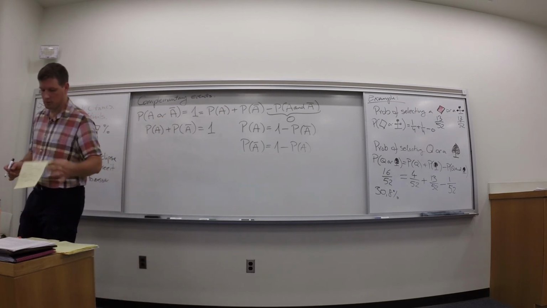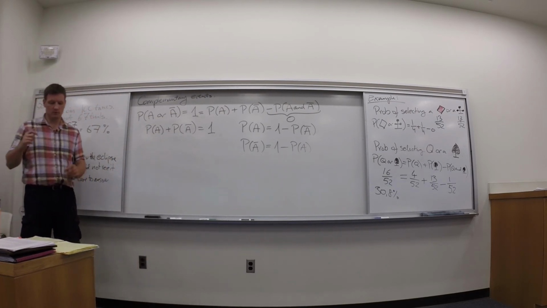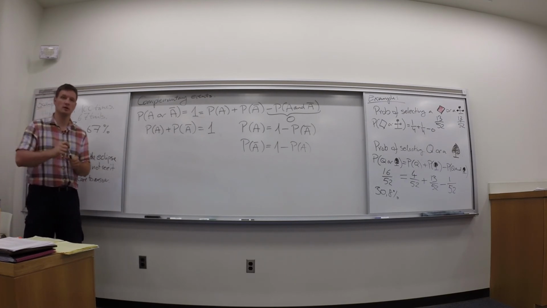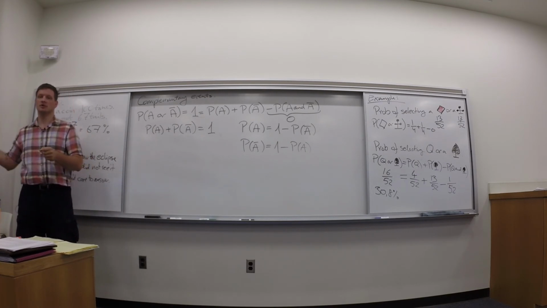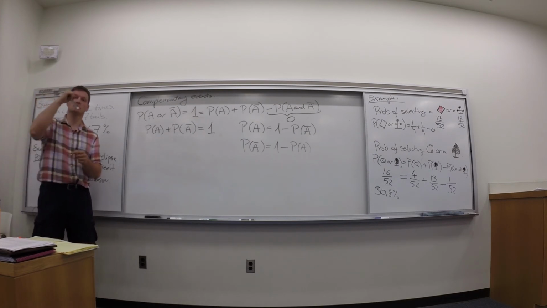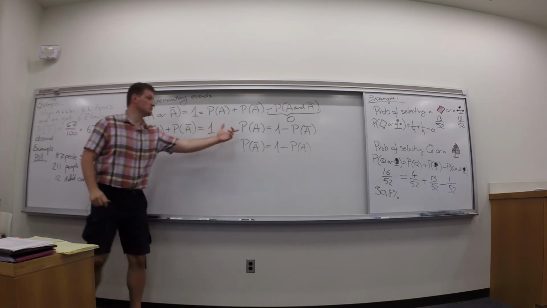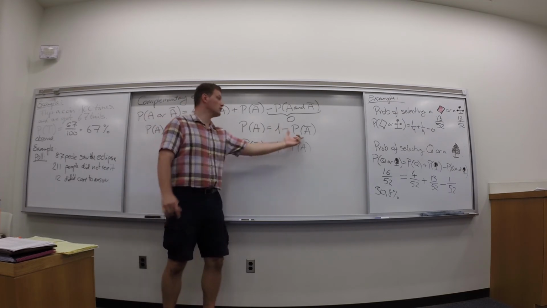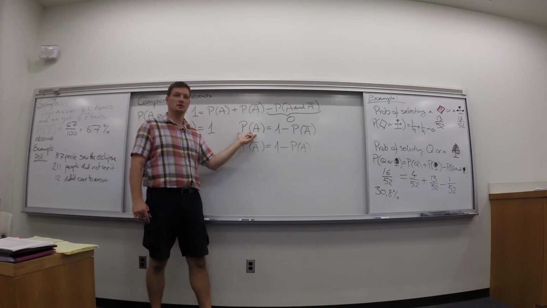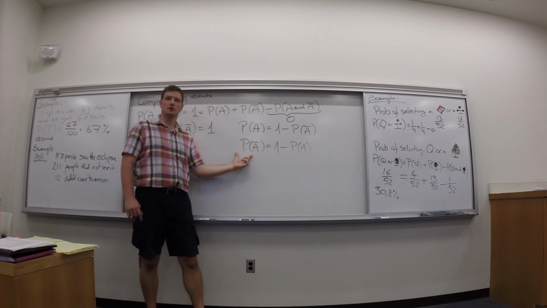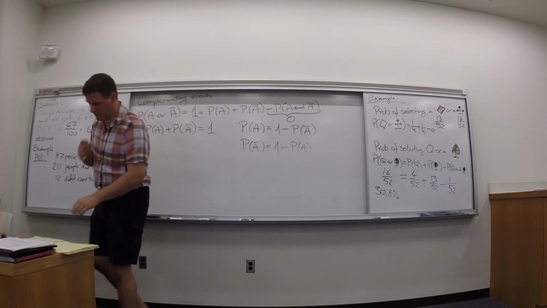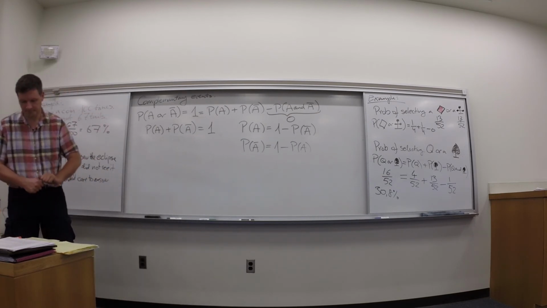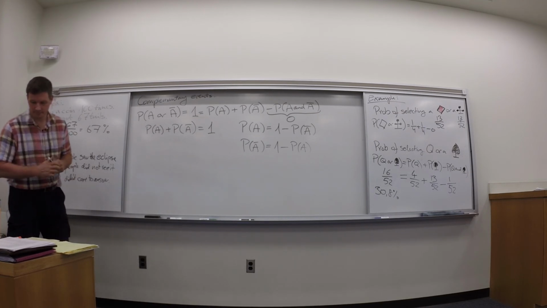Which tells you that if you have mutually exclusive events and you know the probability of one, you know the probability of the complement. Or if you know the probability of the complement, you know the probability of the event. Because we know what one is, it's a number, it's very good. So if you know this, you can get this. And this is surprisingly powerful when we start dealing with it.